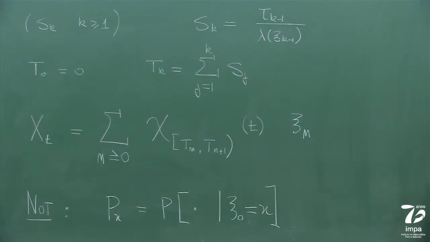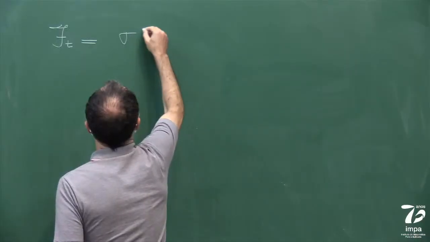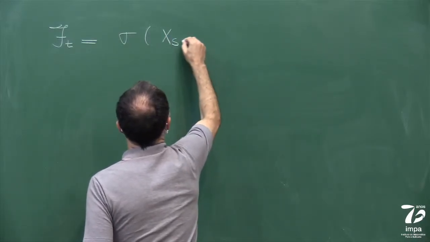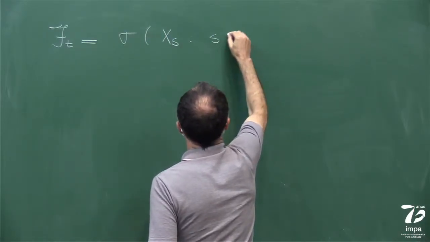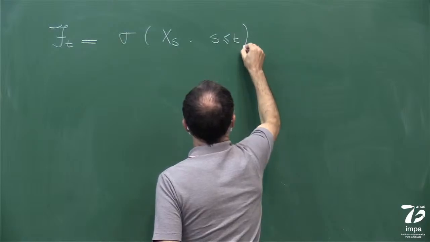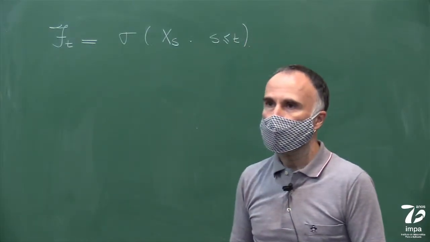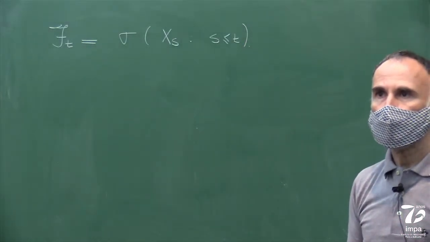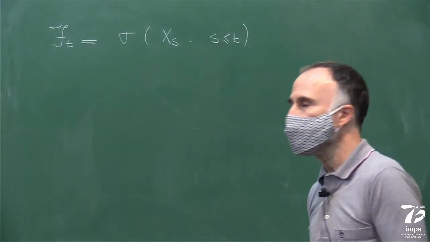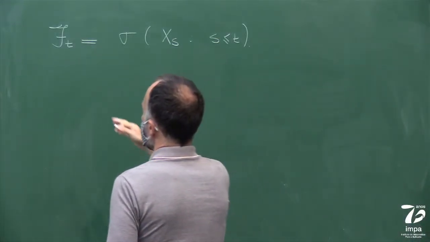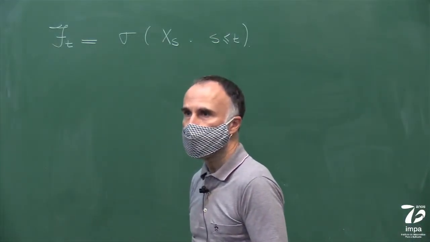And F_t will be the sigma algebra, so all the information available at time t, which means the sigma algebra generated by the random variables x_s for s less than t. So it's clear that x_t is F_t measurable.